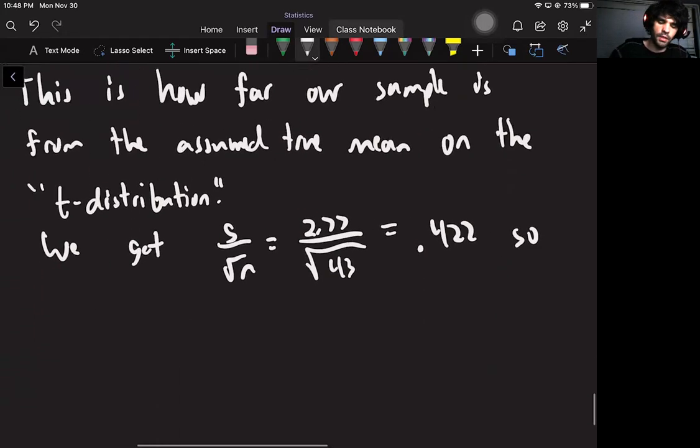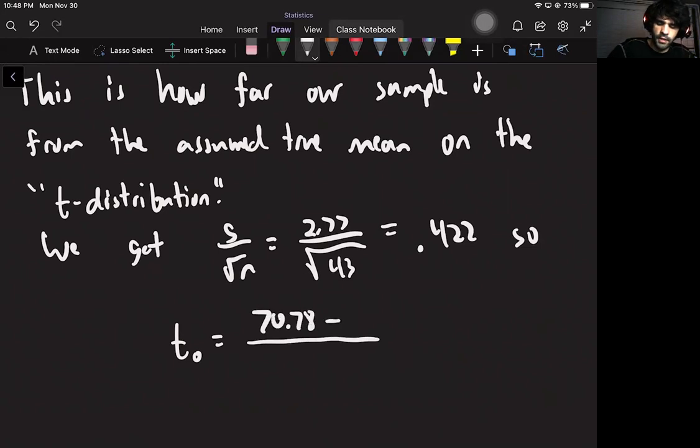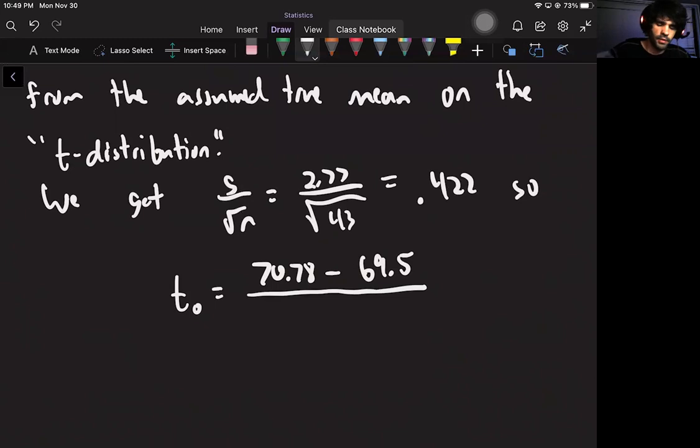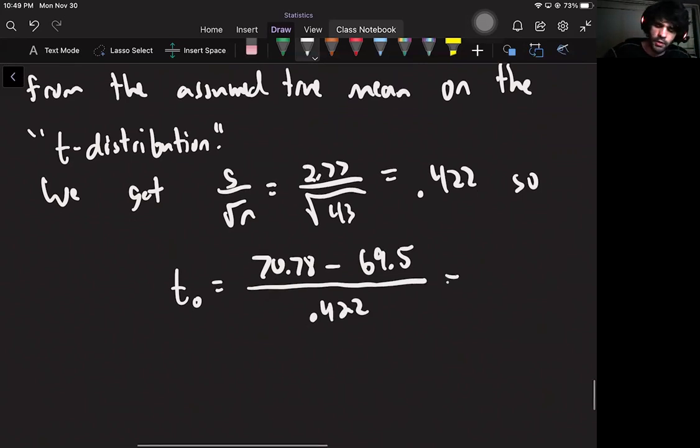So then my t0, my test statistic, if you want to use the fancy language, is 70.78. That was my sample mean. Now I'm seeing how far away it is by subtracting the supposed true mean. And then I want to see how many standard deviations away it is on the t distribution. So I divide by the standard deviation of the t distribution. Okay, so this will be 3.03.